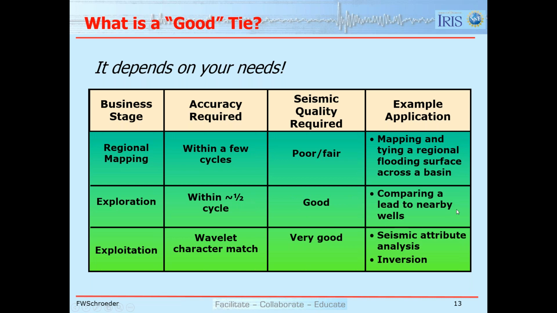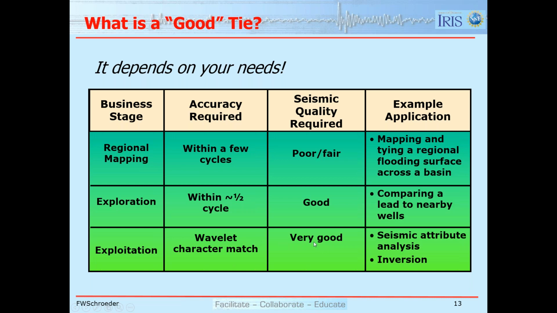And then you can compare leads to nearby wells if you have local wells to tie back to. In the exploitation stage, field development, field production, you want the synthetic to match not just peaks and troughs, but the actual characteristics of the peaks and the troughs.